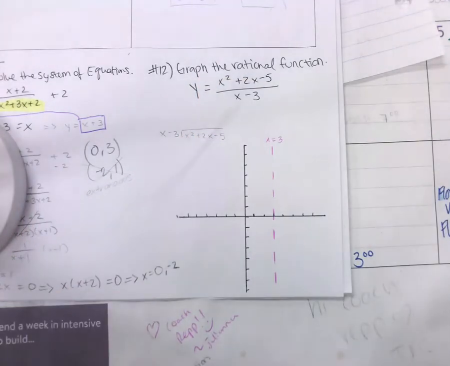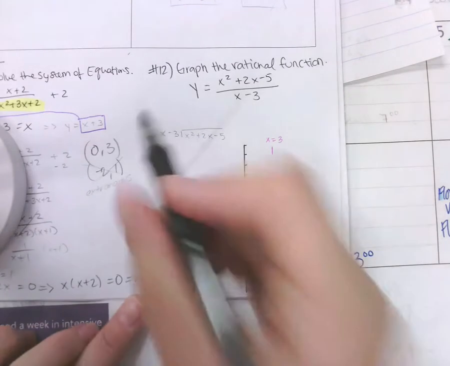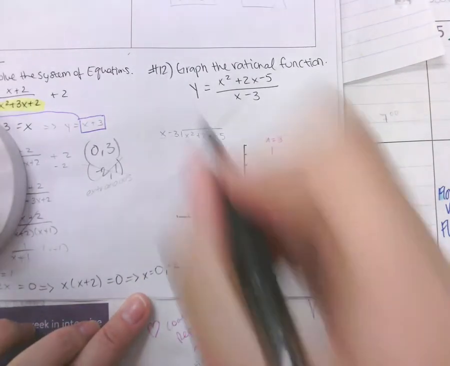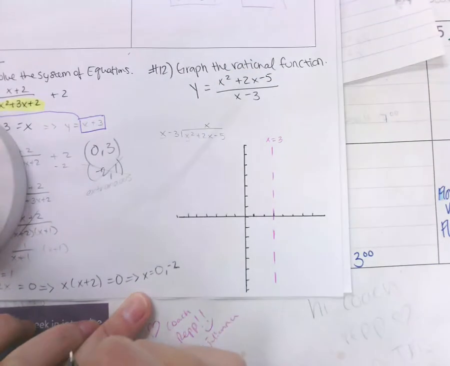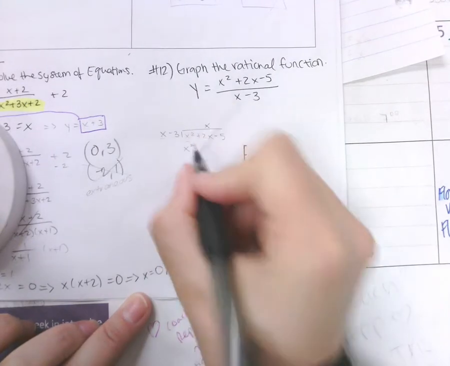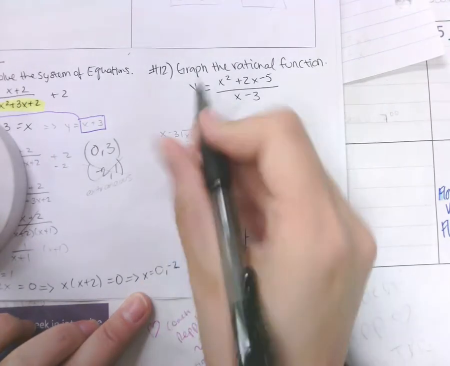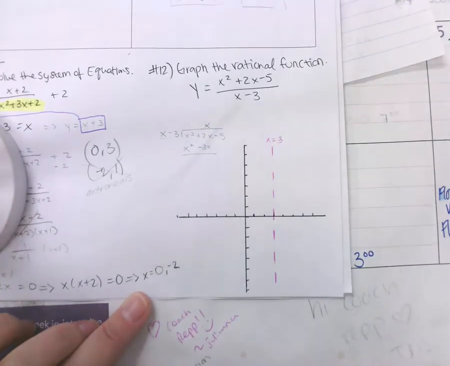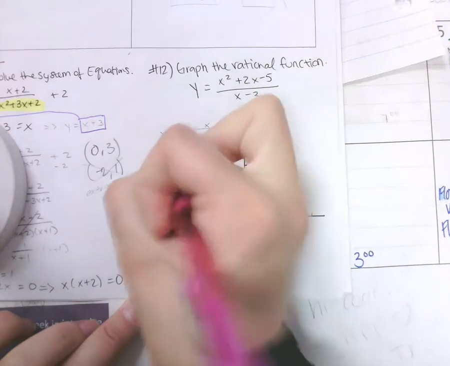I've never written so tiny in my life. Okay. So, what do you multiply x by to get x squared? x. And we're going to put that here. After you put that there, you multiply x times this x, and you get x squared. x times negative 3 is negative 3x. After multiplying, you subtract everything.